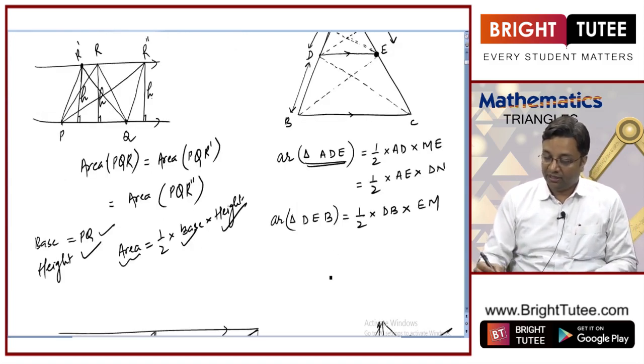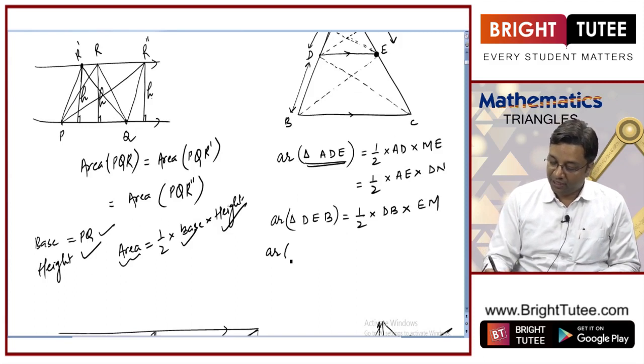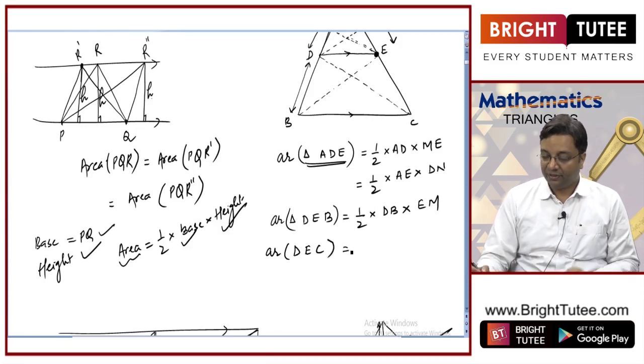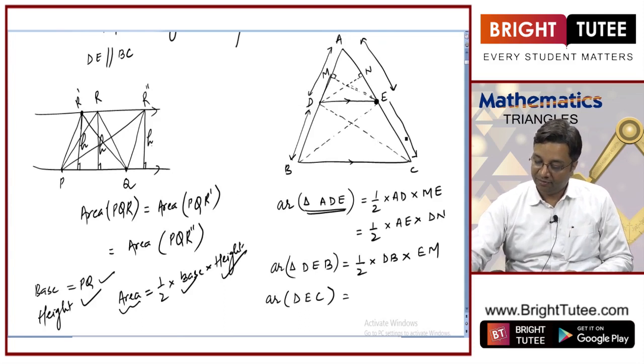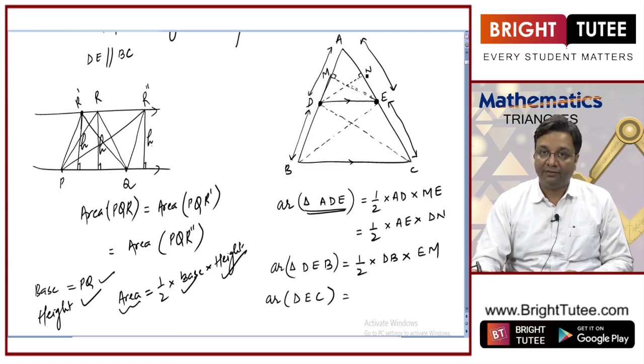Now, let us look at another area. I will talk about area of triangle DEC. Okay. Now, in this triangle, if I take EC as my base, then what is the perpendicular that I can drop from this vertex? It will be DN, right.